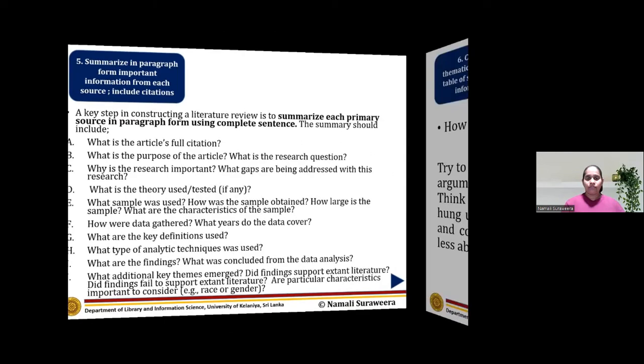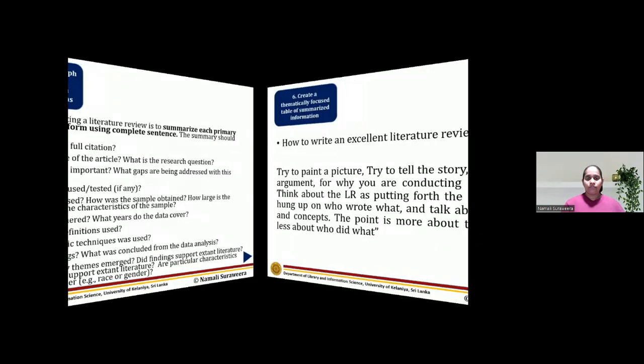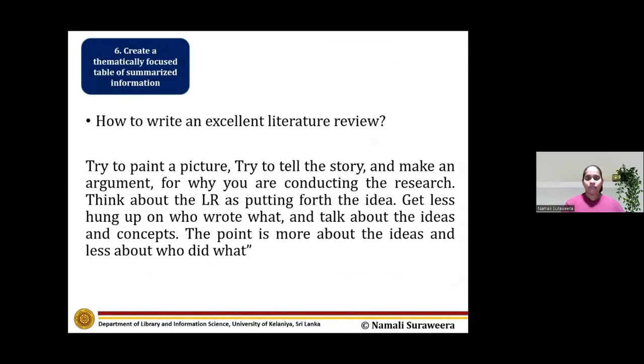Okay, so the sixth step is creating a thematically focused table. If you are doing it manually, in Word or Excel or something like that, it will be okay. But again, if you are using an online reference management tool, you don't need to worry about the thematically focused data and the table of summarized information.